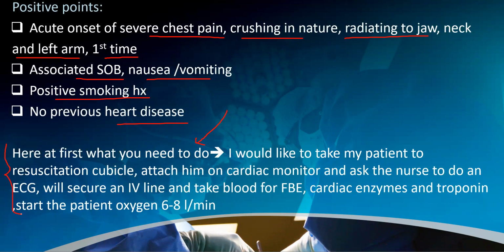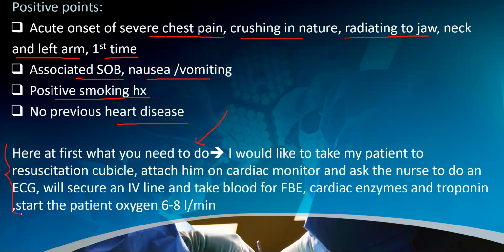In any chest pain, first, obviously, greet yourself, reassure the patient, offer some painkiller, go to the examiner, and ask for hemodynamic stability. Examiner might say, just proceed. Even if examiners say just proceed, you should do this first.